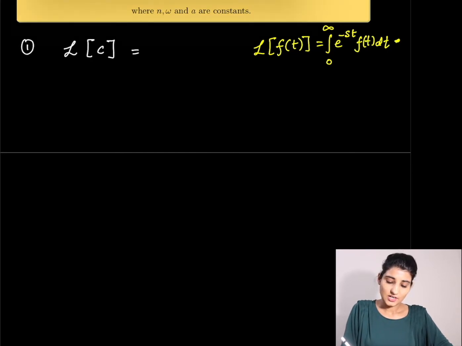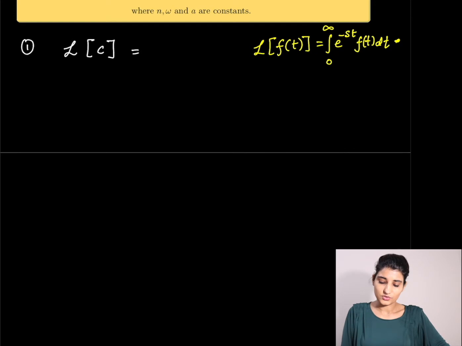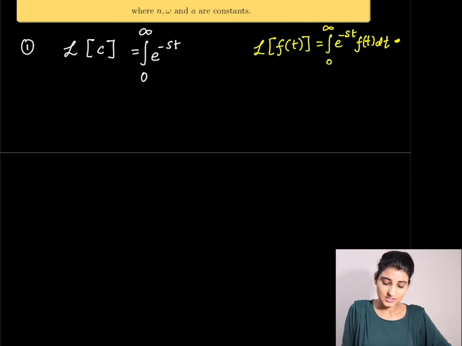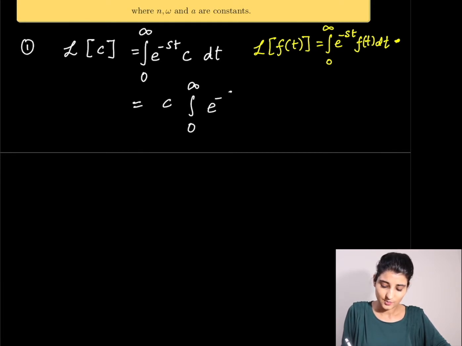So let's find the Laplace transform of the constant function. It should be the integral from 0 to infinity of e^(-st) times our function c. Now c is constant, so you can pull it out: c times the integral from 0 to infinity of e^(-st) dt.